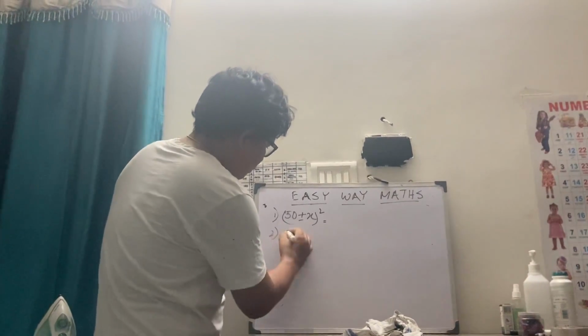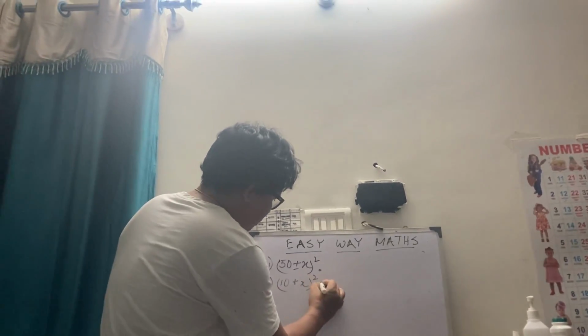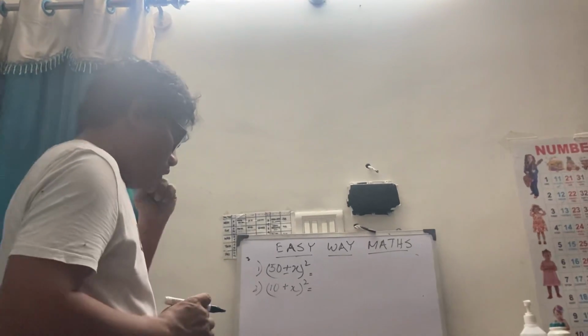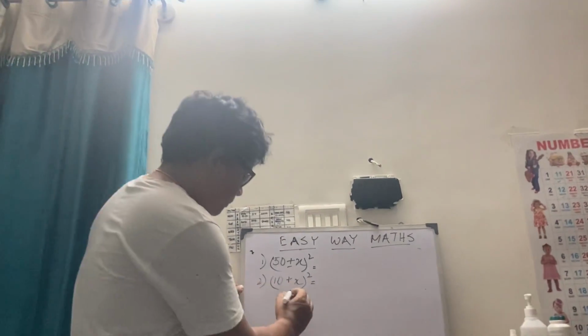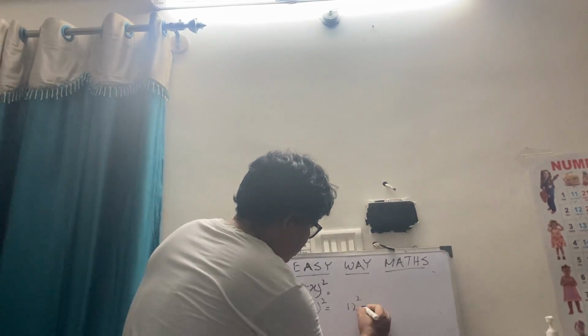In the second topic, we will try to find the squares of numbers which are more than 10, right? So first we will find the square of numbers, say for example 12 square, right?